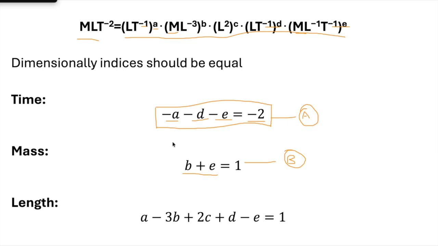And then solving for length, again it will be 1, and then we have A, minus 3B, plus 2C, plus D, and minus E. So it is written here: A minus 3B plus 2C plus D minus E equals 1.